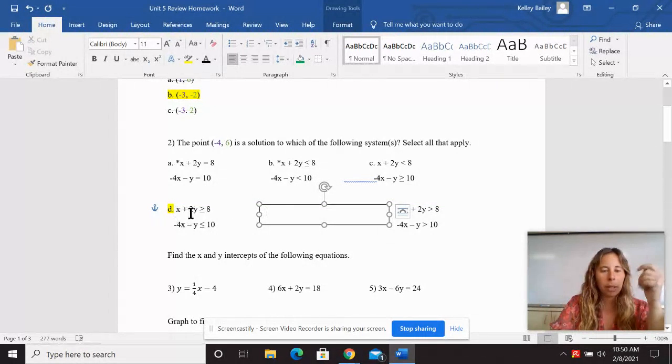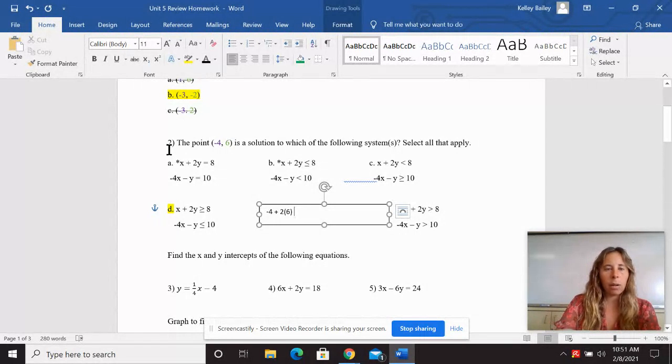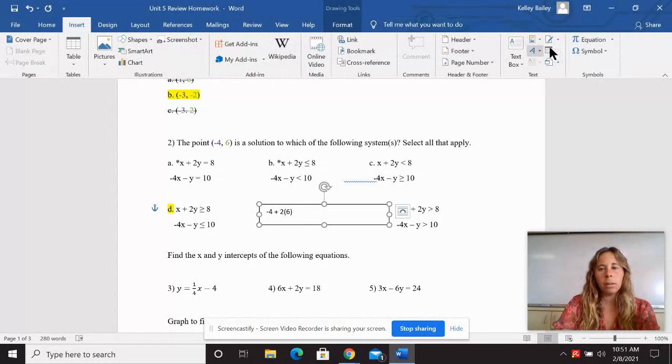So D, so we're going to substitute -4 and 6 into it. So x is -4 plus 2 times y, which is 6. And then it should be greater than or equal to 8.